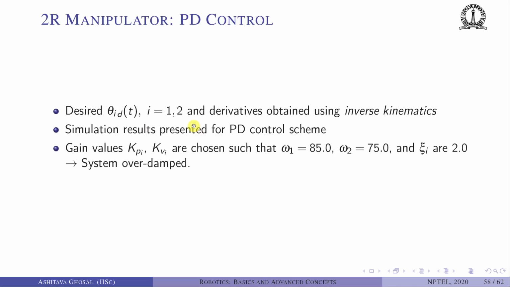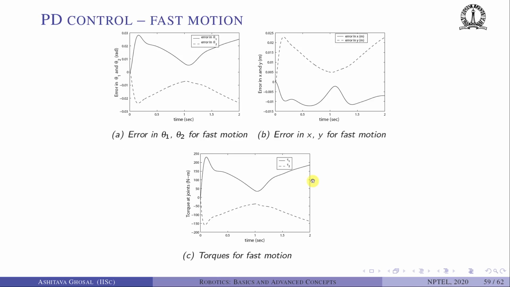The gain values were chosen arbitrarily like this. We could have chosen some other gain values also. So let's plot theta 1 and theta 2 for the fast motion. As you can see, the error in theta 1 goes up as you are going up. Up till 1 second it is going up, and from 1 to 2 seconds it is coming down.